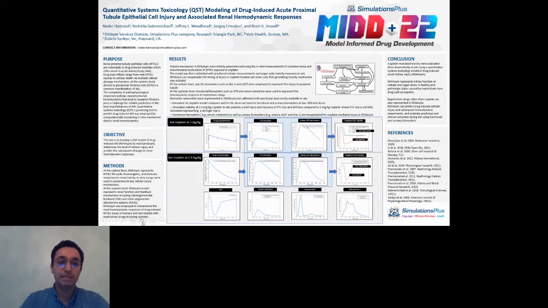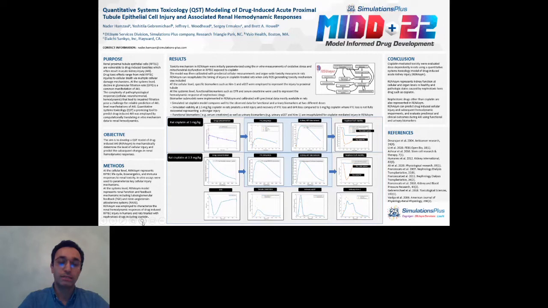But at the systems level, we are also representing the renal function and the feedback mechanisms. This includes the tubular glomerular feedback and the renin-angiotensin-aldosterone systems to regulate the blood pressure and water, accounting for sodium reabsorption at the cellular level.